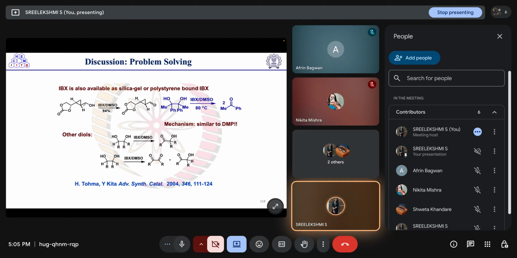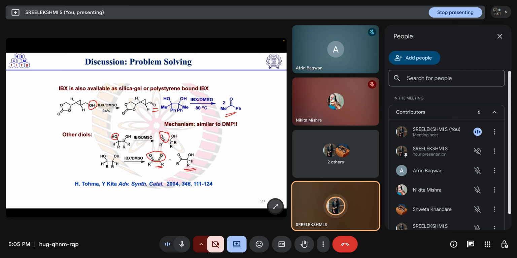Here are some examples of transformations where an alcohol is converted into an aldehyde, and then this is converted into two molecules of a cleaved product. Here one hydroxyl group is converted into a ketone, and here both are converted, and here we get a mixture of products where both alcohols are converted and where only one is converted.